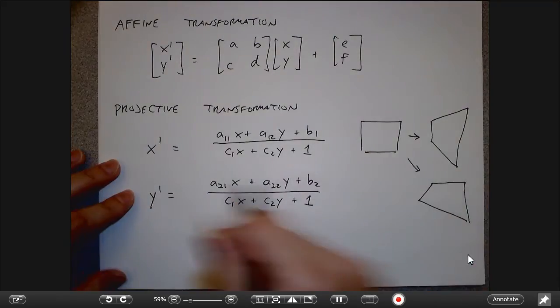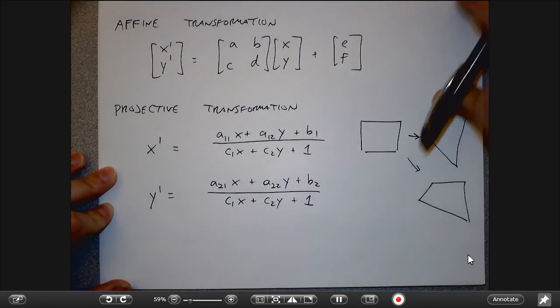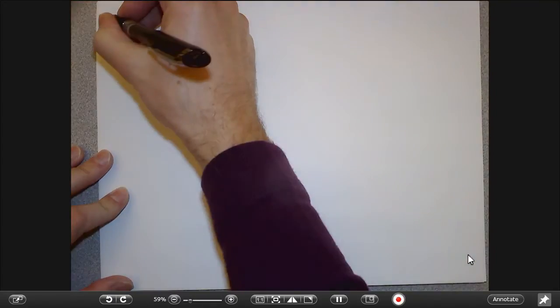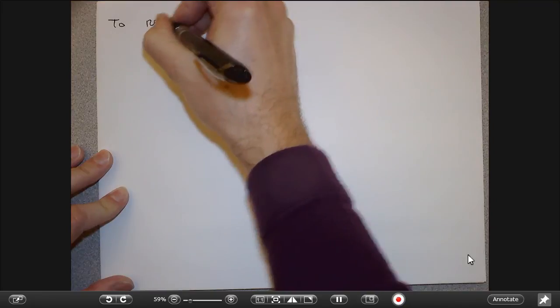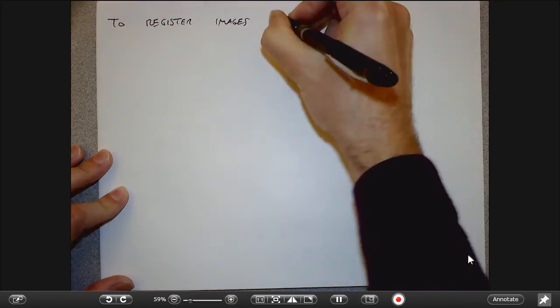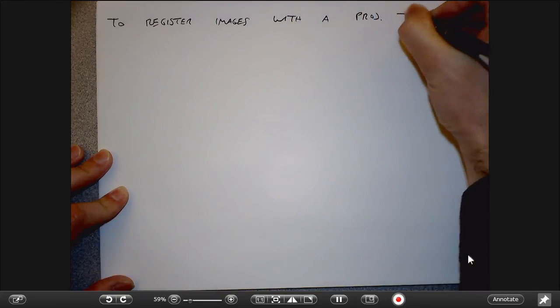Well, the easiest way to think about this is, let me just write this over here, to register images with a projective transformation.